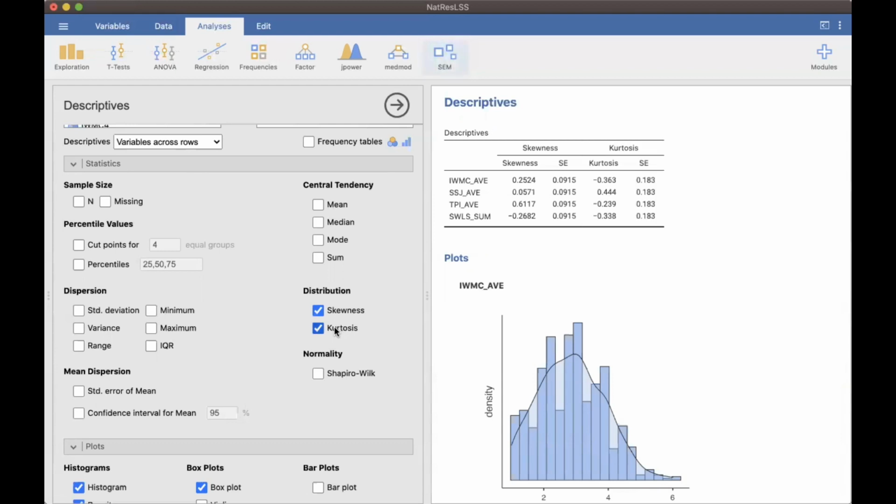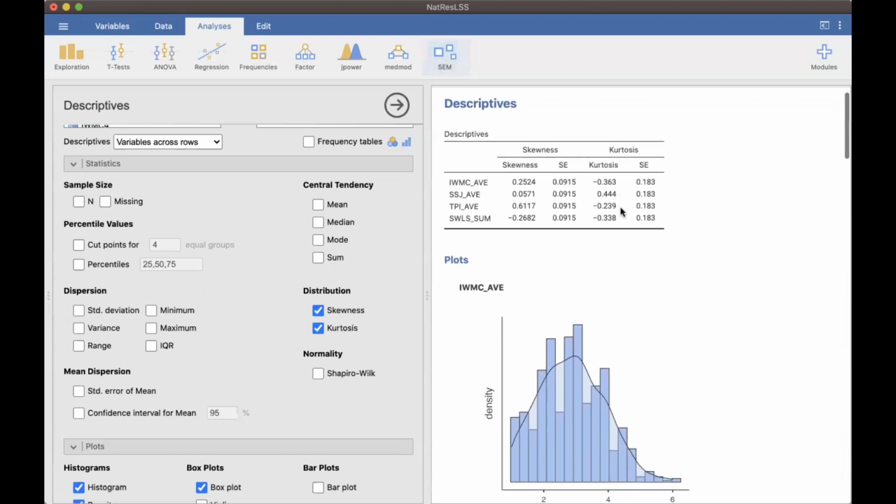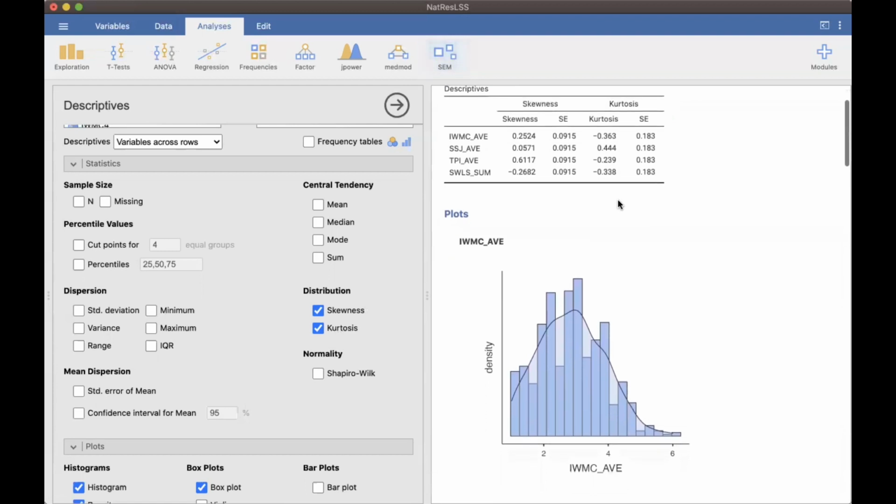And then we have kurtosis. For kurtosis, again, we're looking at the vertical, the peak. And as you can see here, all of them are less than 1. All of them are negative. So they're a little bit platykurtic. Leptokurtic, yeah.